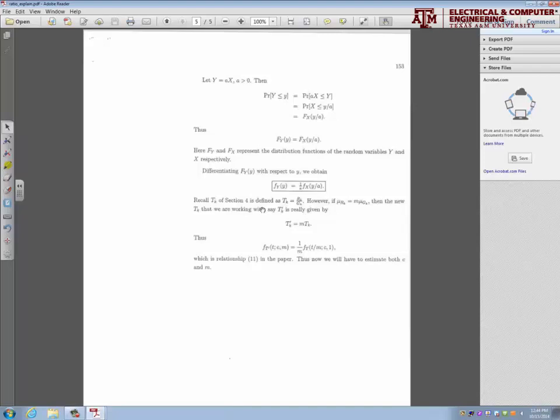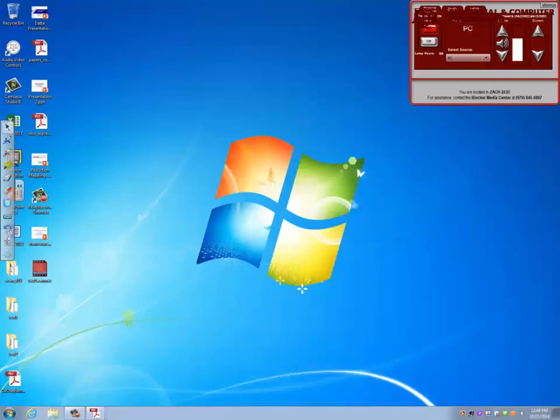That's equation 11 in the paper. In this case, you would have to estimate both m, the scaling factor, as well as the constant c. All right, any questions? If there are no questions, I will now start discussing the actual paper.